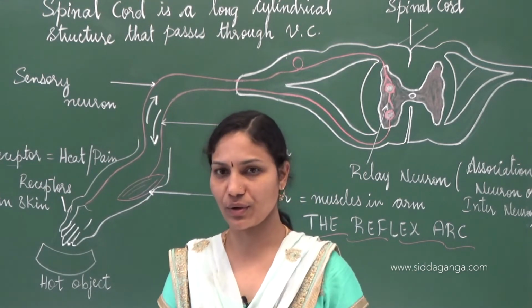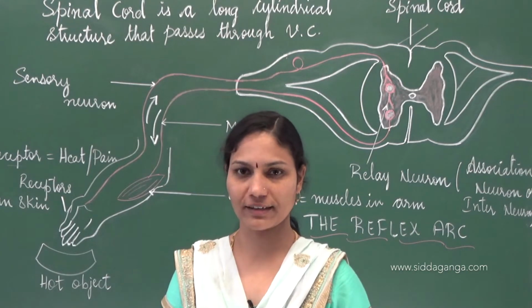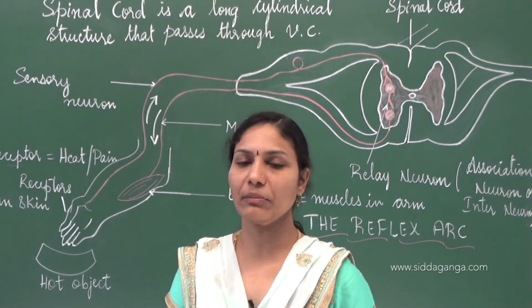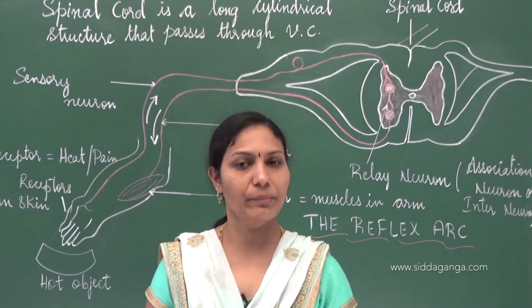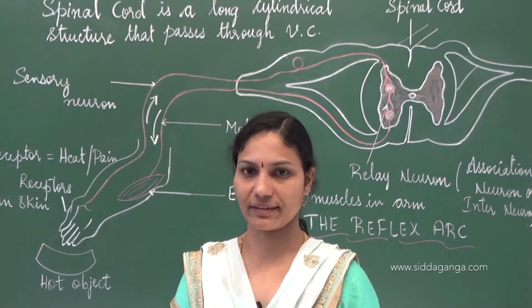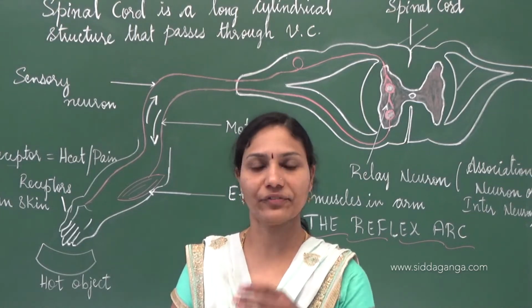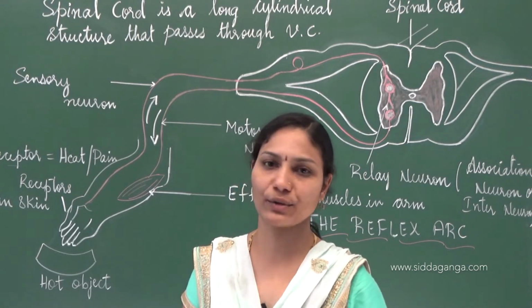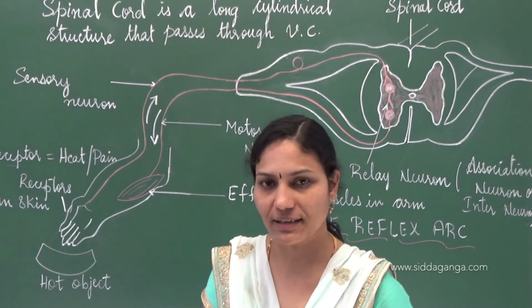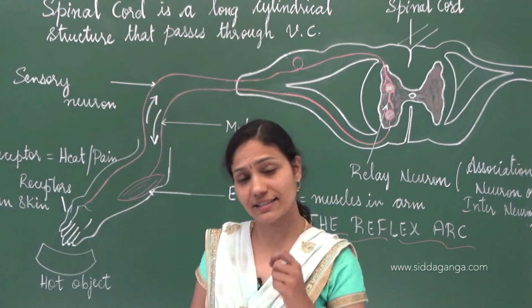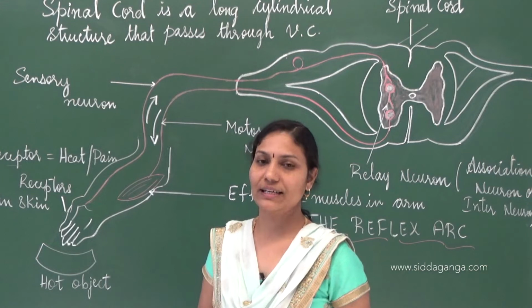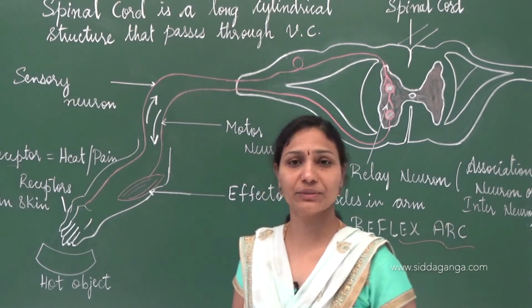So what is the spinal cord? How shall we define spinal cord? Spinal cord is nothing but the extension of medulla oblongata of the brain. Medulla oblongata is the posterior part of the brain and it further extends as spinal cord. Spinal cord is a long cylindrical structure that passes through the vertebral column.